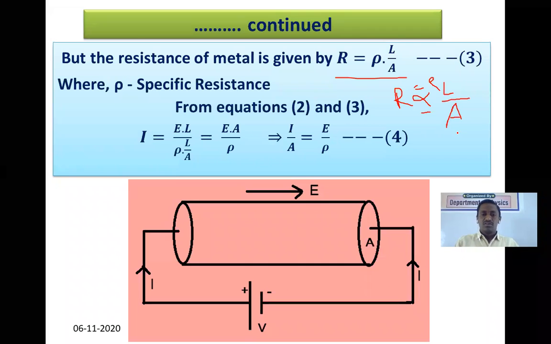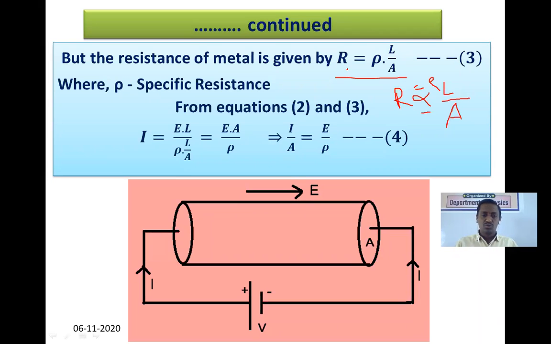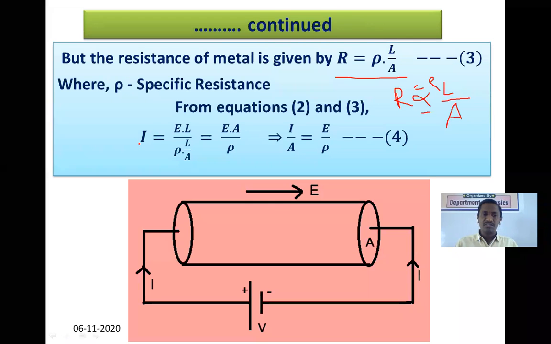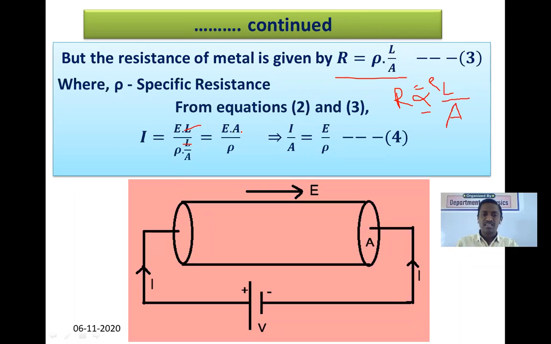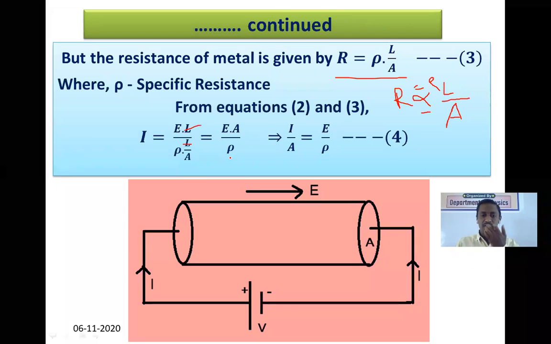So put the value of this capital R in equation number 2 in place of R. So I can be written as I equals EL upon rho into L by A. Here L from the numerator and L from the denominator get cancelled, and A is sent to the numerator side. So the equation becomes E into A divided by rho.